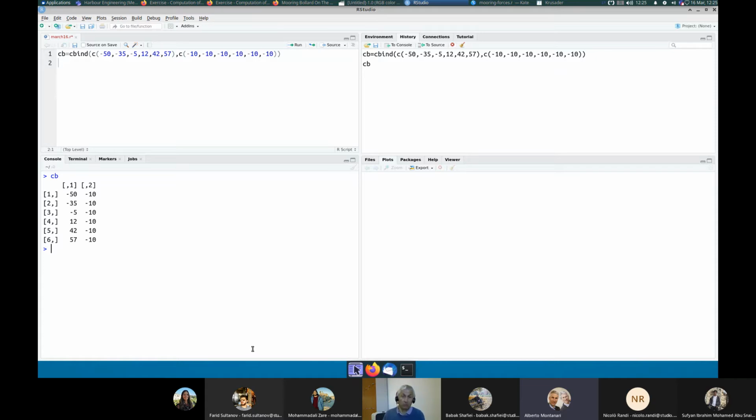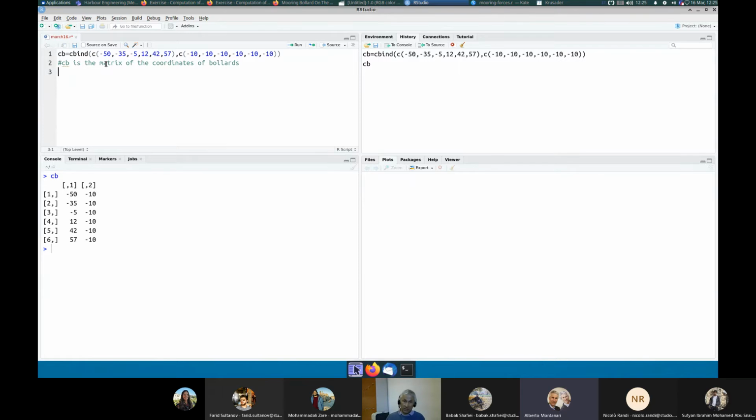So if you want to be even more rigorous, here in the script, put a comment, a hash, and then you write coordinates, or better, CB is the matrix of the coordinates of bollards.